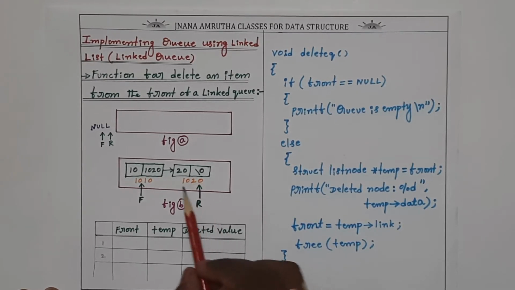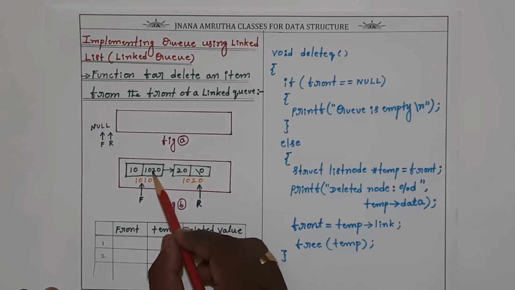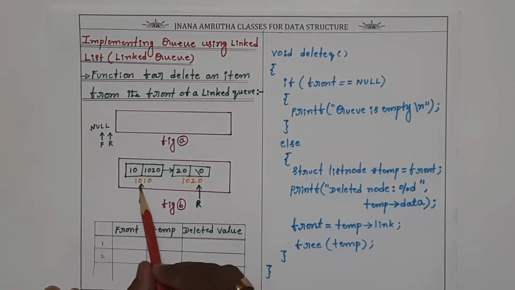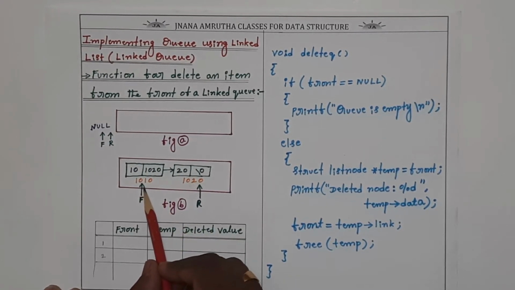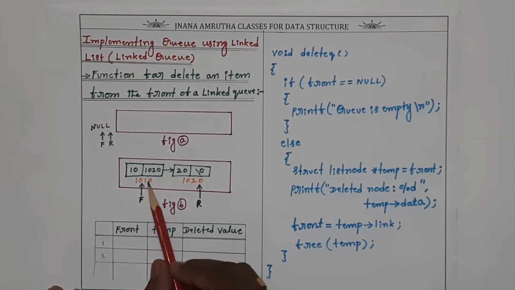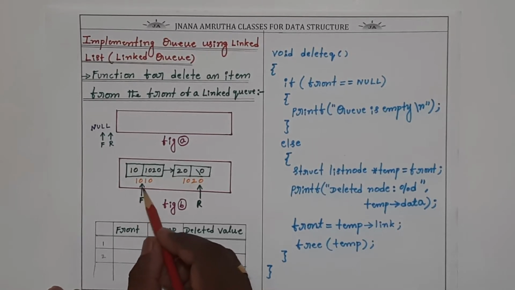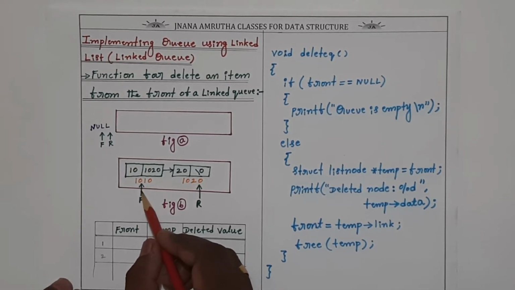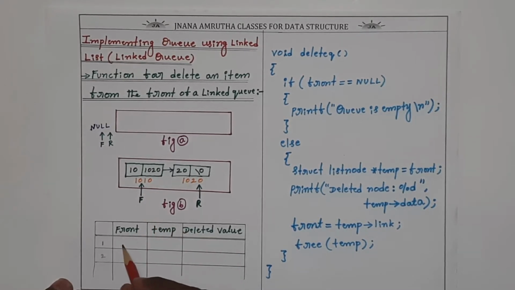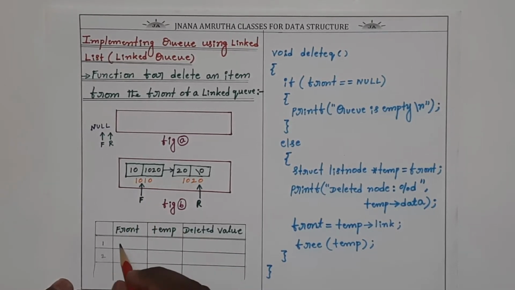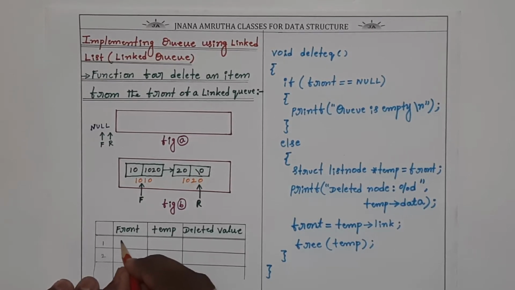Now our objective is to delete nodes from the linked queue, or delete an item from a linked queue. How are we going to do that? First, initially front is pointing to 1010, right? We'll trace the iterations. In the first iteration, front is pointing to 1010.